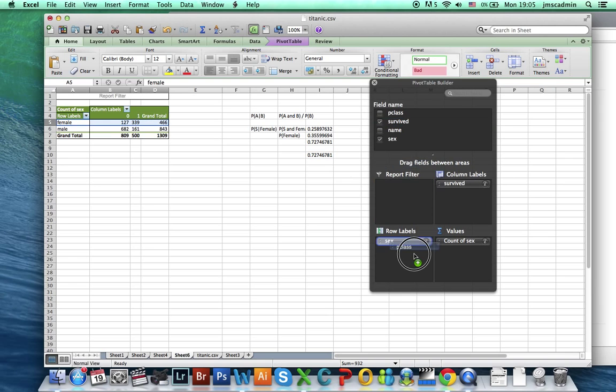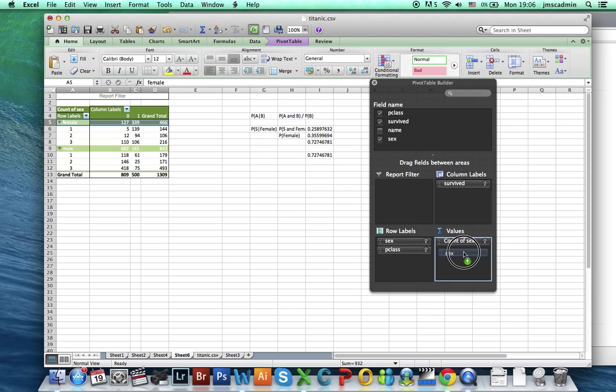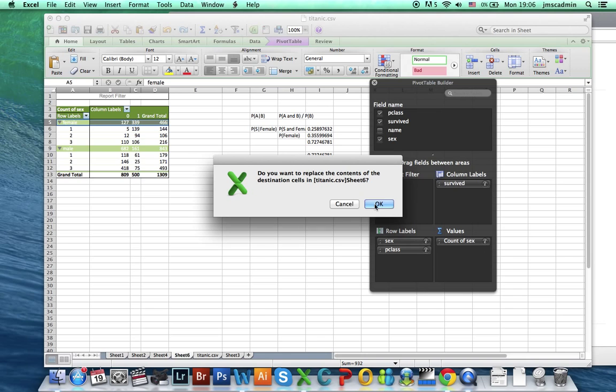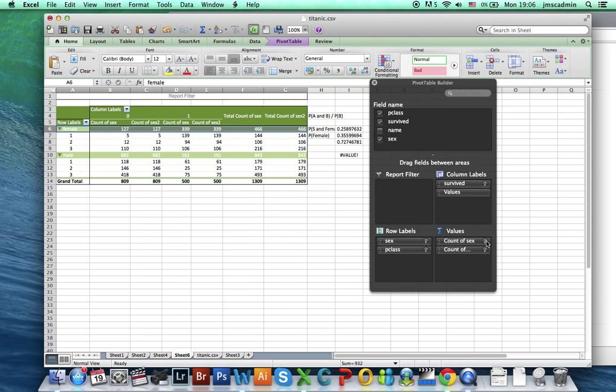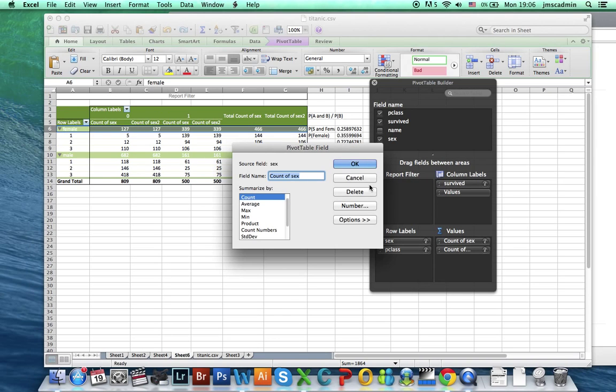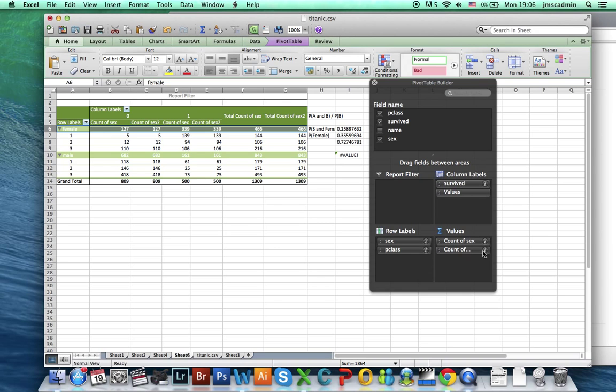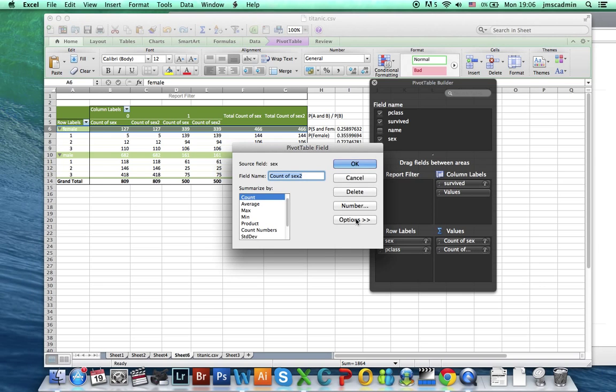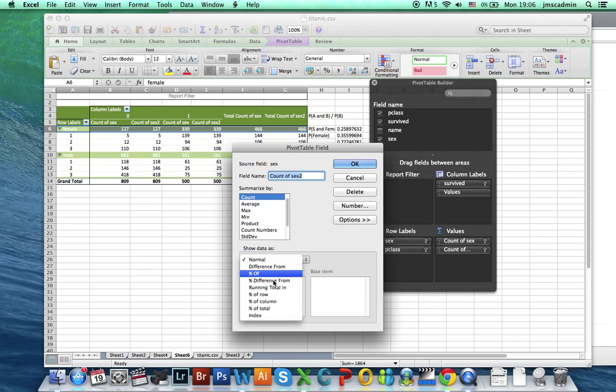We did that last time, so it is actually the same. We just add one more variable into the row label, and then also calculate the probability, the percentage of the row. How many of them die?